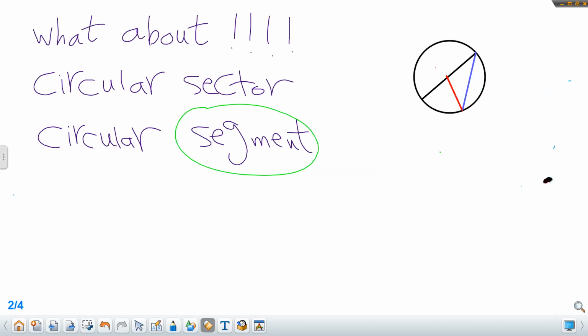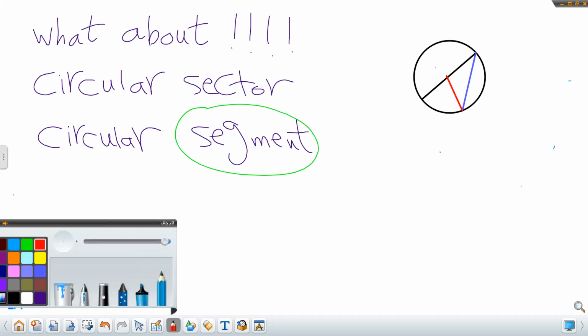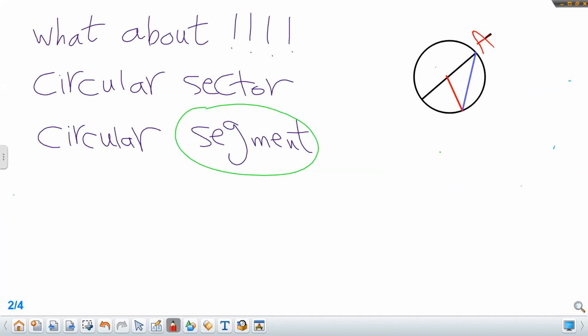If I select this one, A, O, B, AOB, and AC is a diameter. We can name AOB as a sector. This part is called circular sector because it's included between an arc and two radii.